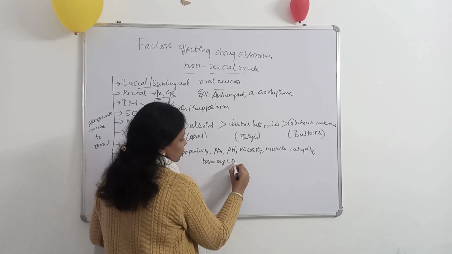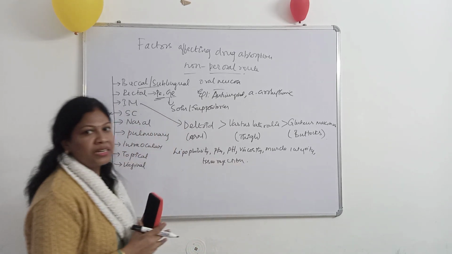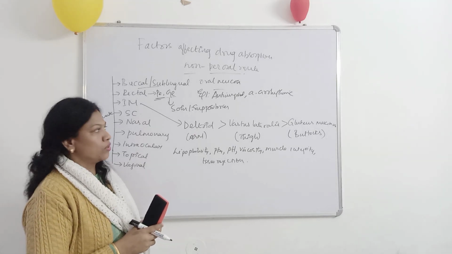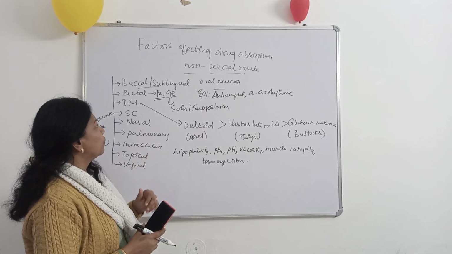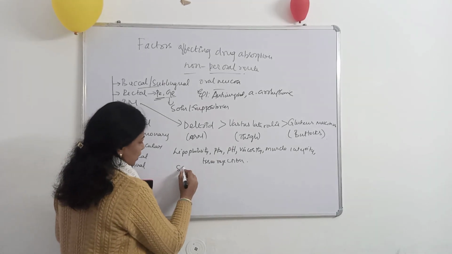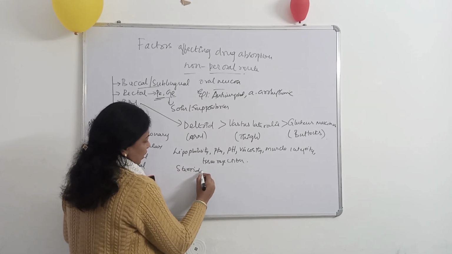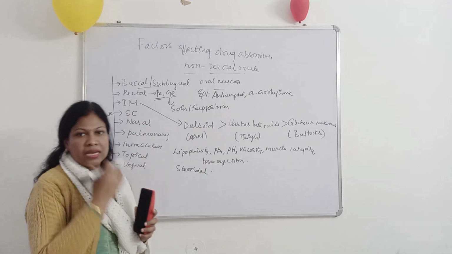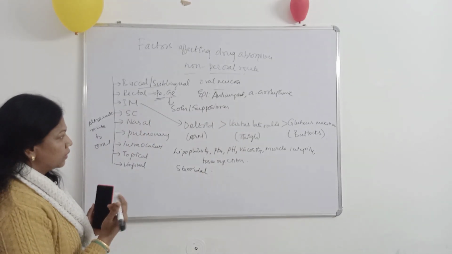These are all the factors which will affect drug absorption through the intramuscular route. So what type of drugs can be given through this intramuscular route? Generally, steroidal drugs can be administered through this intramuscular route.